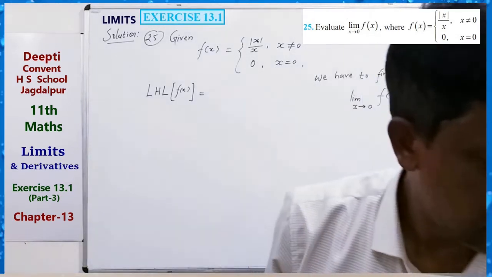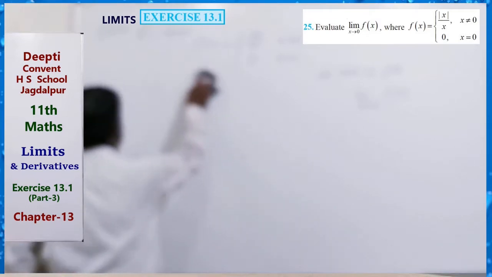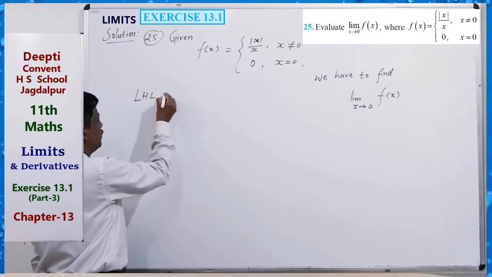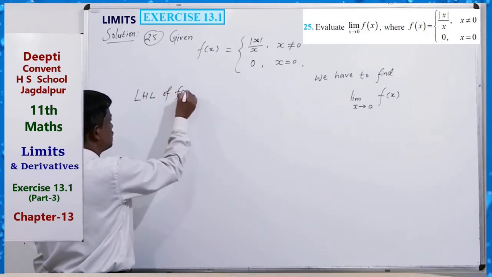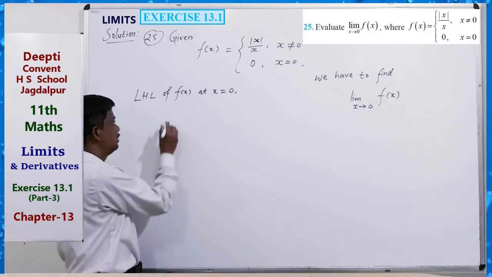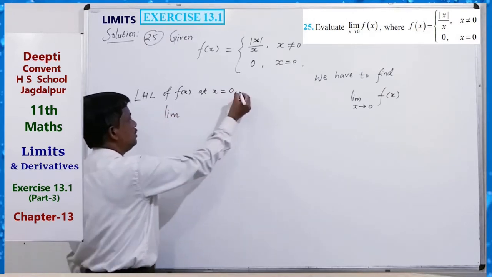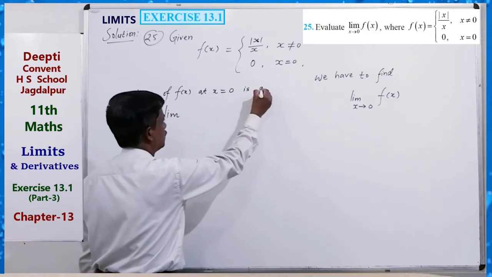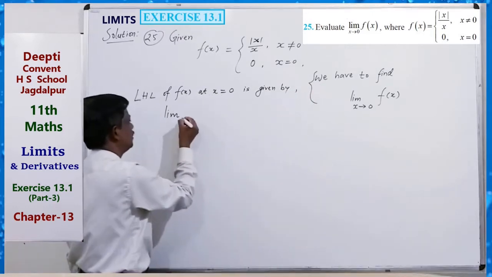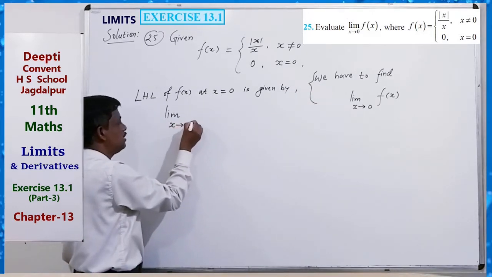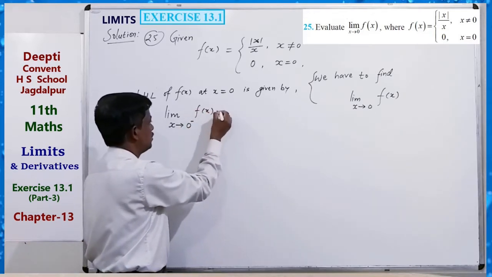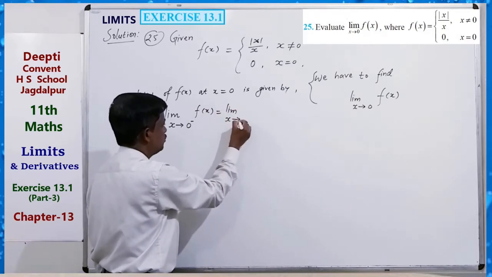We can also write the left hand limit of f(x) at x equals 0 is given by the limit as x tends to 0 from the negative side, minus, of f(x).